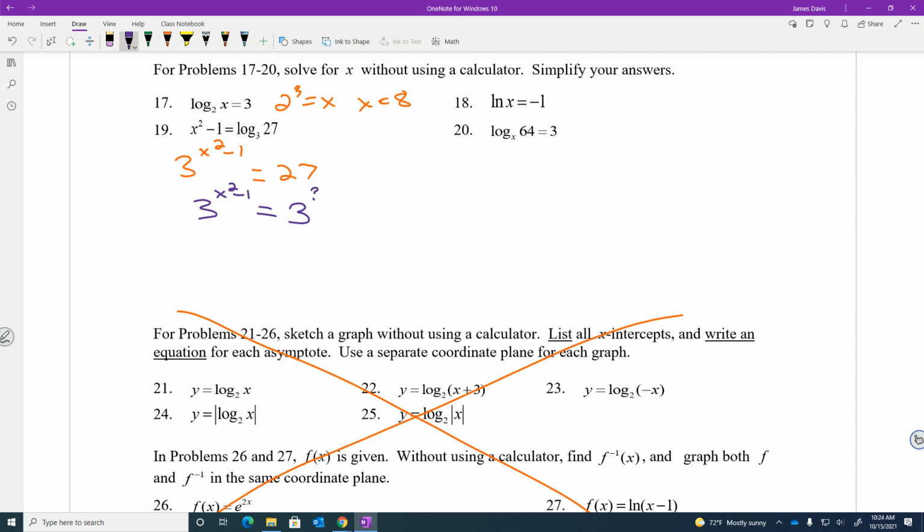It'd have to be the same, right? So is there a way that we can write 27 as 3 to the power?